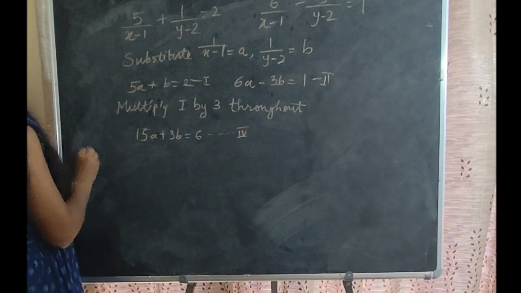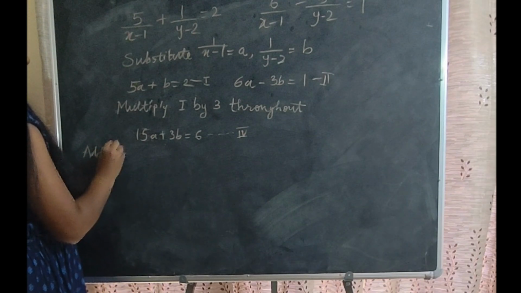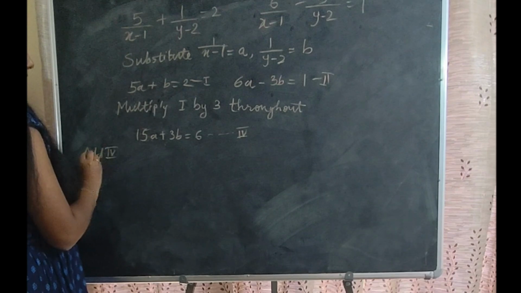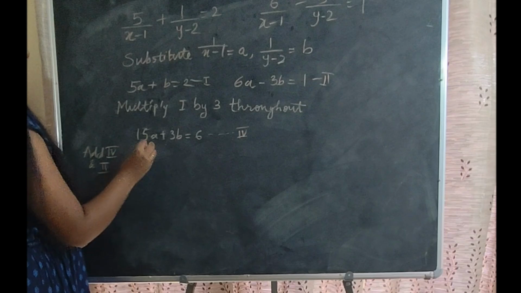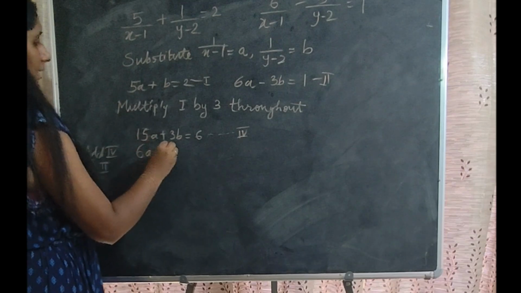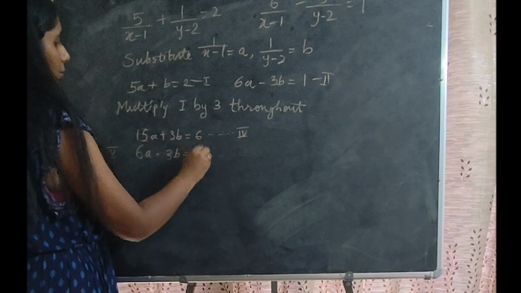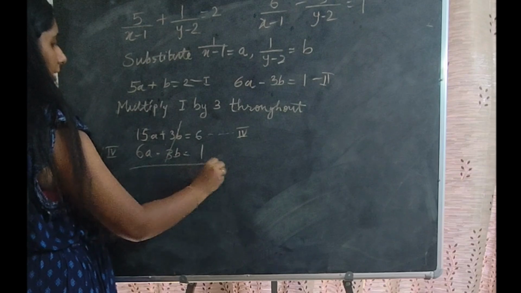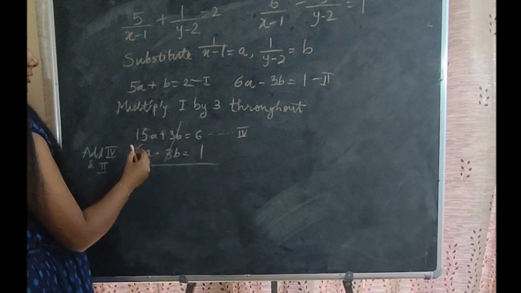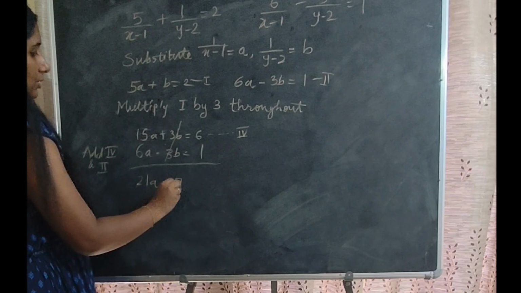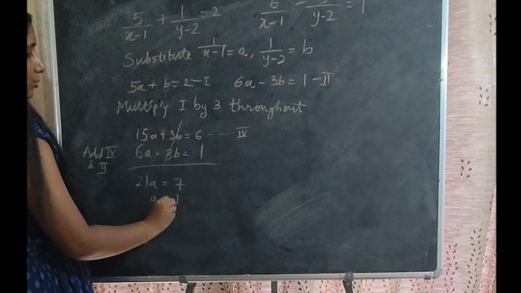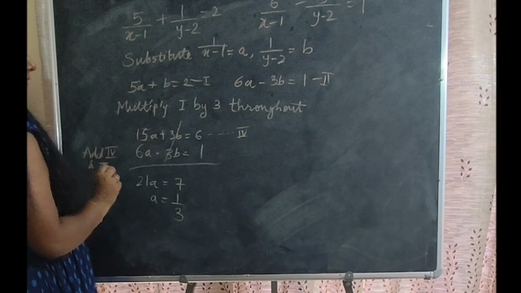Now you add third with second, that is 6a minus 3b is equal to 1. So plus 3b minus 3b will get cancelled. 15 plus 6, 21a is equal to 7. So a is equal to 1 by 3.